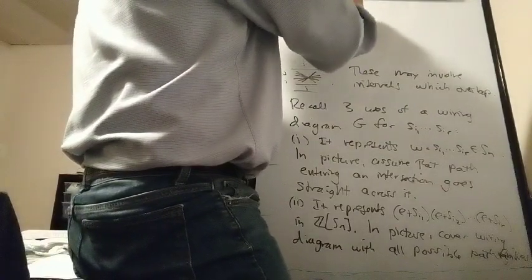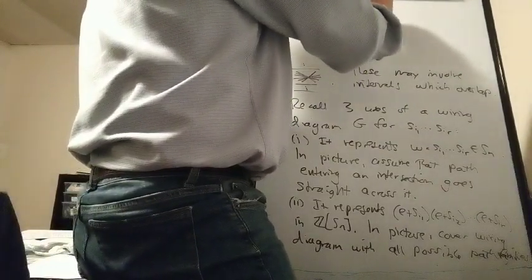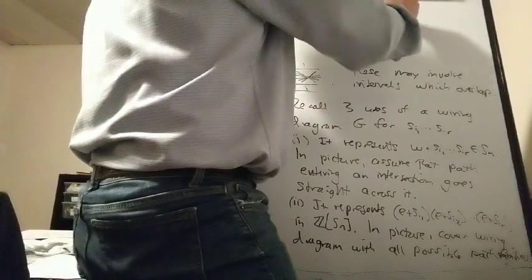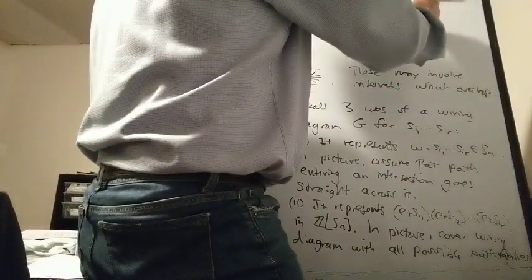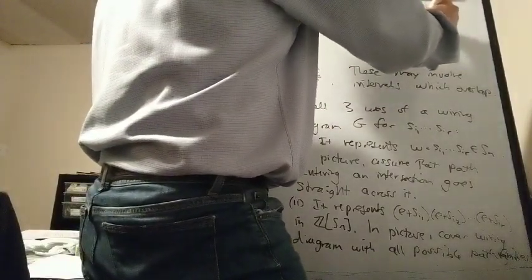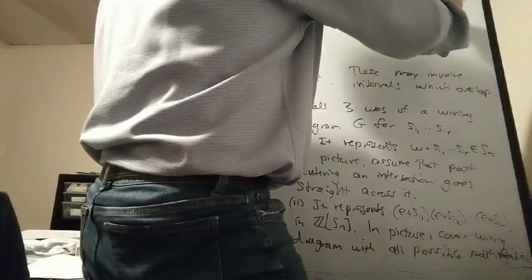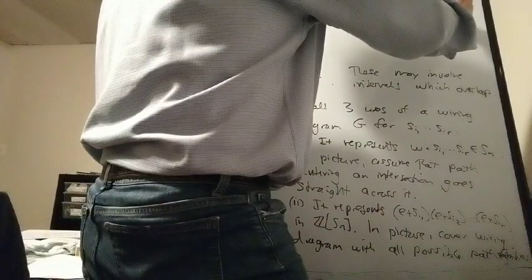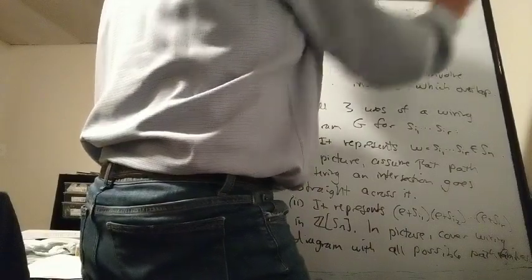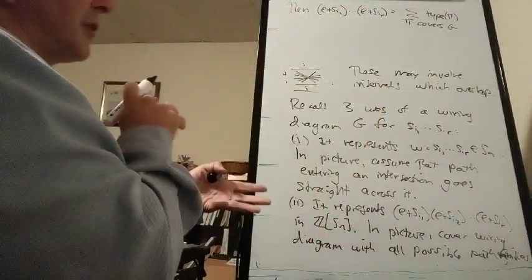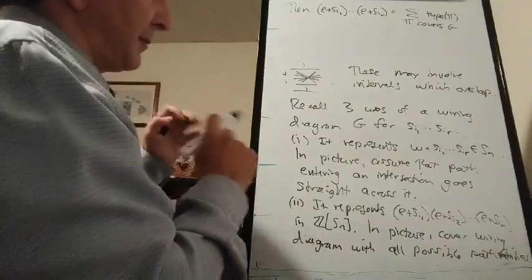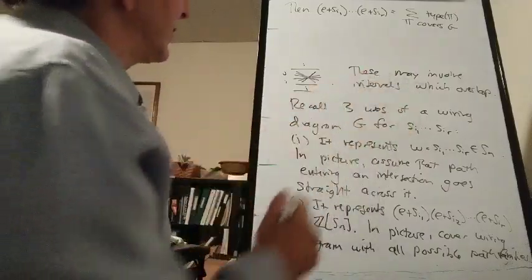So then E plus S sub I1 up to E plus S sub IR equals the sum over pi covering G of the type of pi. The type of pi is the permutation that describes how the paths are permuted from sources to sinks.